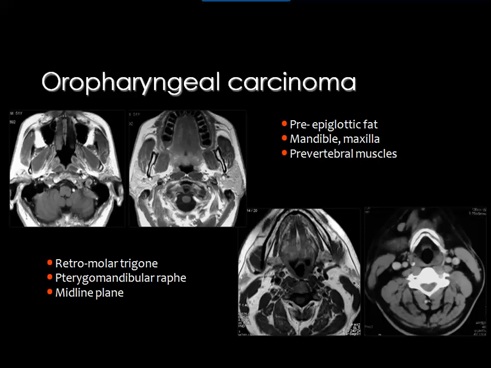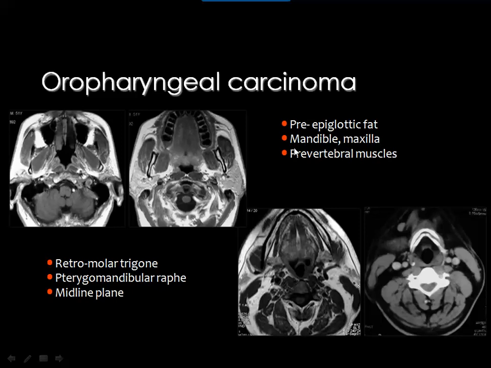The malignant lesions are usually carcinomas, most commonly of the squamous cell type. And whenever you see a lesion in this area and you suspect that this lesion is malignant, then you have to evaluate the extensions of this lesion into these areas.